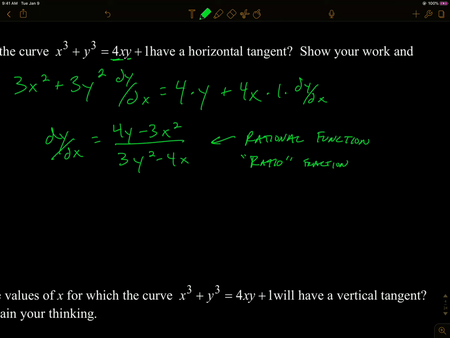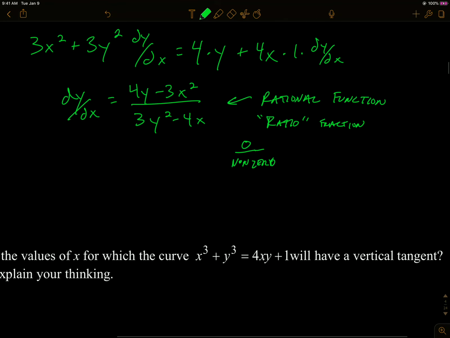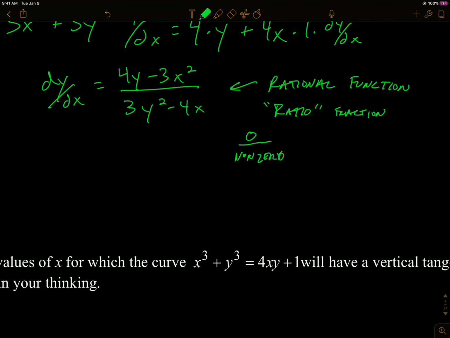When is a rational equal to 0? When the top is equal to 0. 0 over any non-zero number. So if I want to find any points that make this equation equal to 0, which is what I want to do for my horizontal tangent line, I just have to worry about the top.